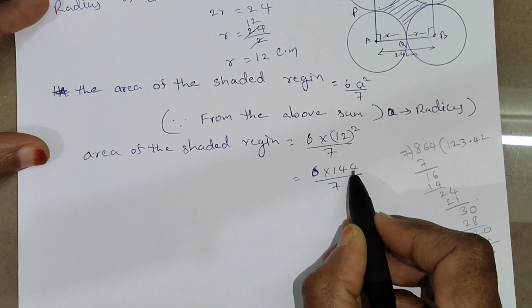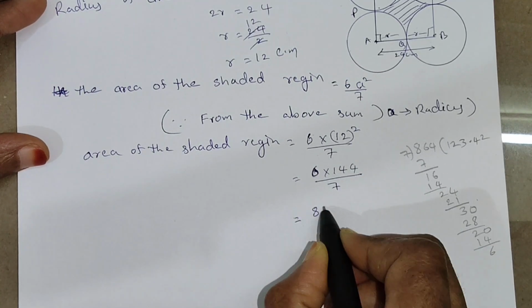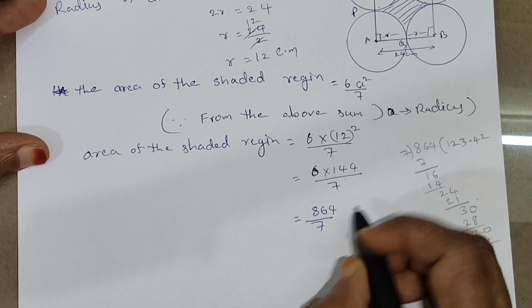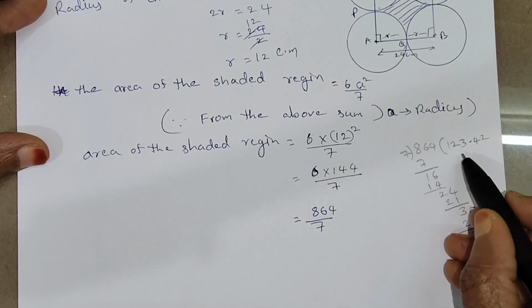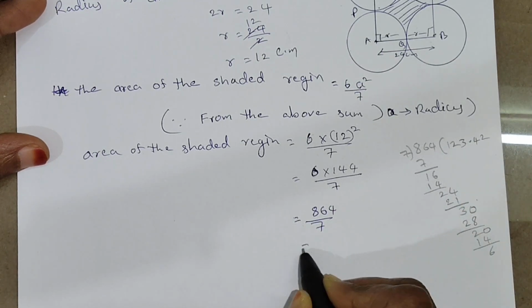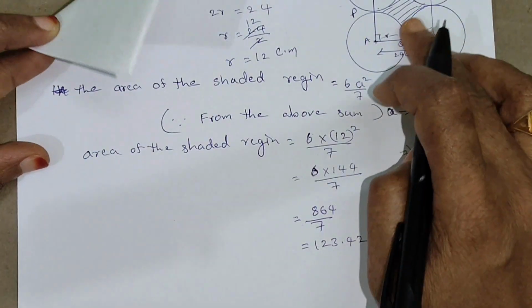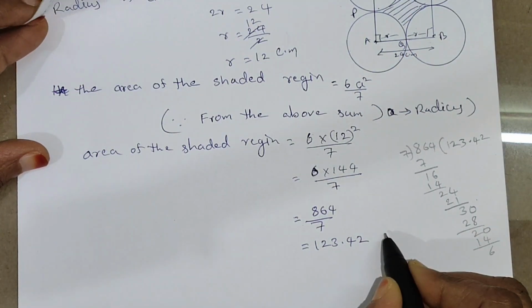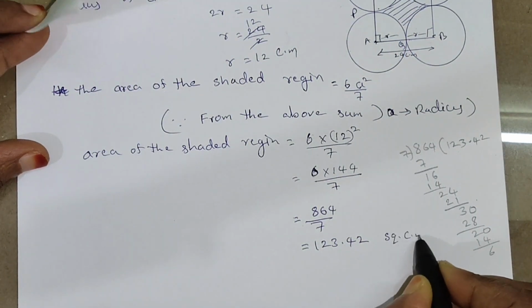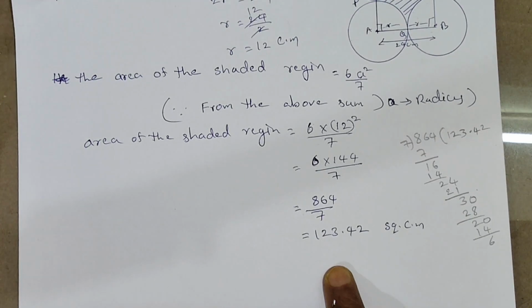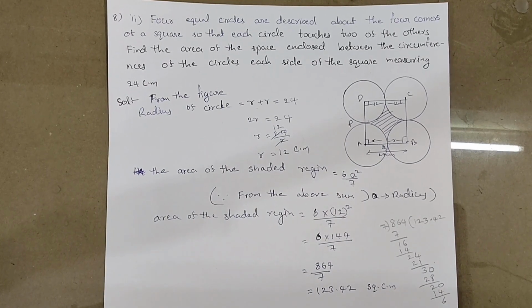Here 6 into 144 is equal to 864 by 7. 864 divided by 7, your quotient is 123.42. So this is the shaded region area, square centimeters. This is the complete 8th question.